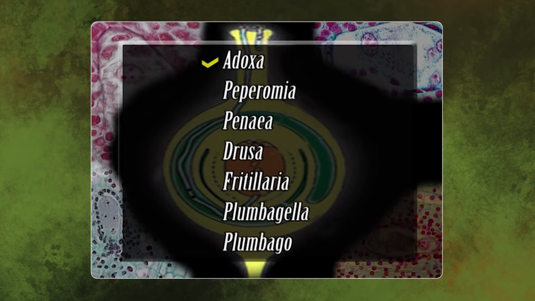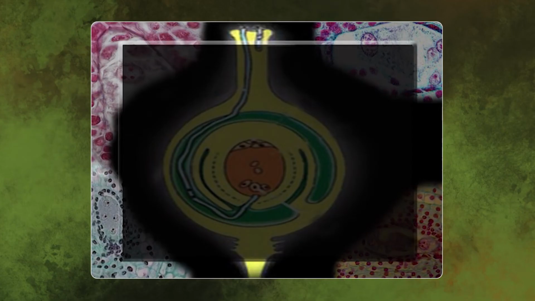We have reached Adoxa type. Today we will be discussing Peperomia, Penaea, Drusa, Fritillaria, Plumbagella and Plumbago. Apart from them, there are some minor type variations within the normal type of embryo sacs.